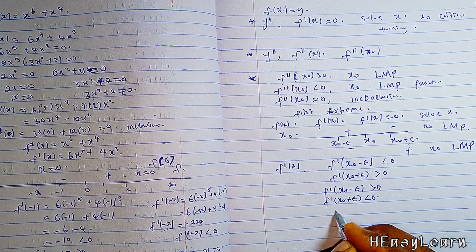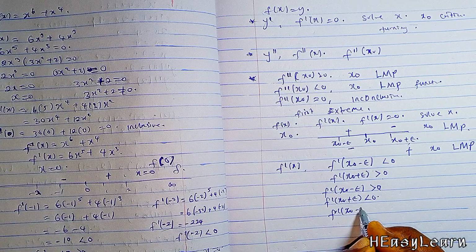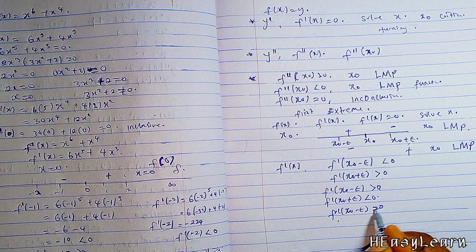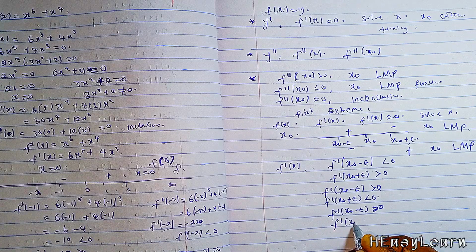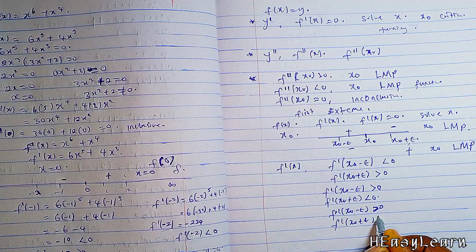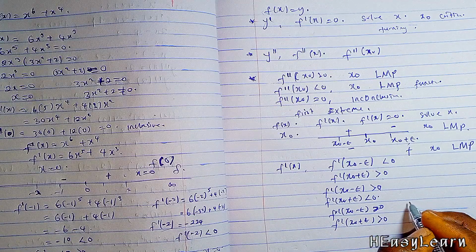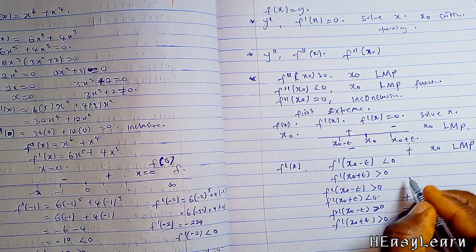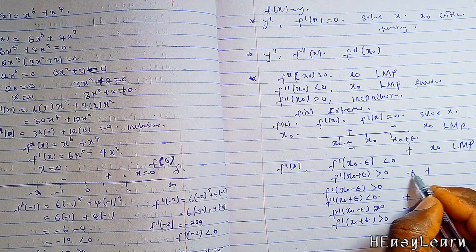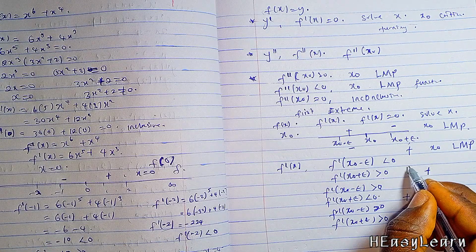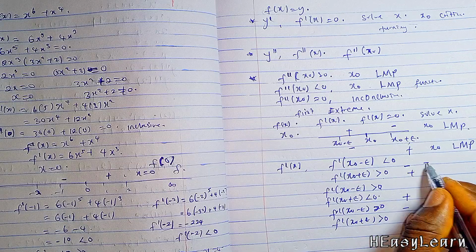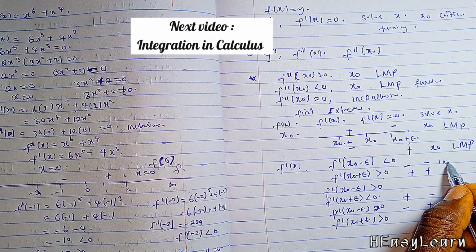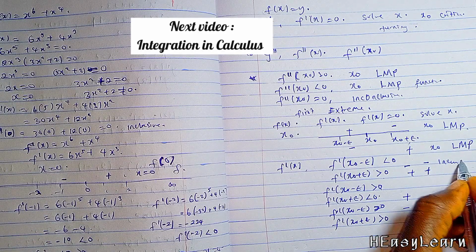But when f prime of x naught minus epsilon is equal to 0, or when it is bigger than 0 and f prime of x naught plus epsilon is still bigger than 0, there is no sign change from positive to negative or negative to positive. It is either positive both before and after the critical point, or negative both before and after. Then we say the test is also inconclusive.